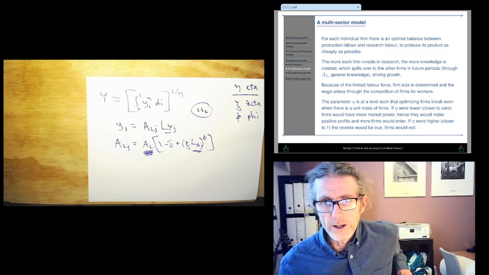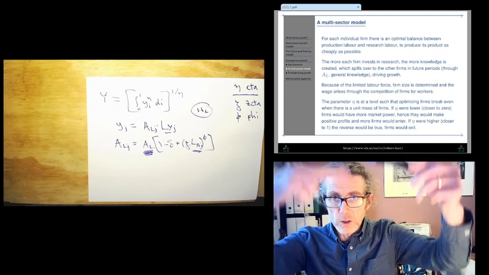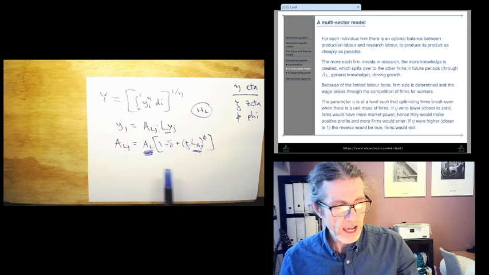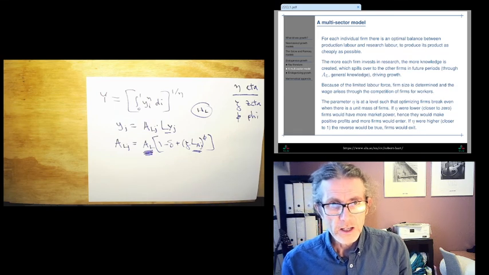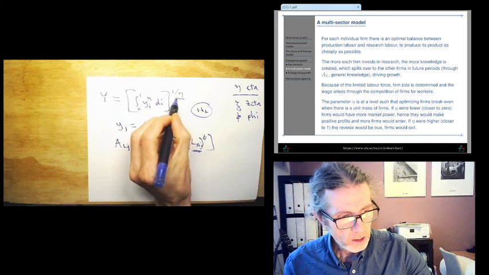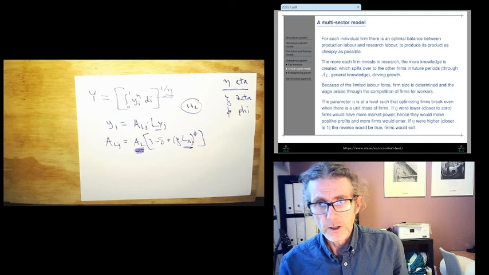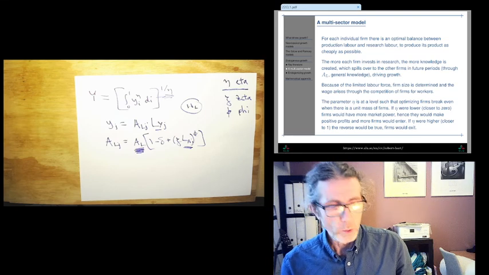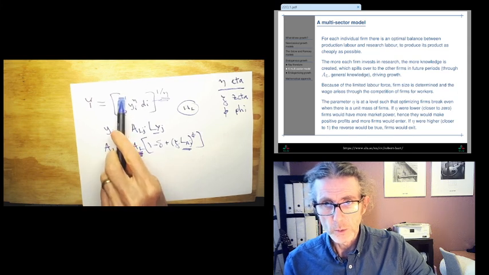The second paragraph: the more each firm invests in research, the more knowledge is created, which spills over to other firms in future periods through that AL term, the general knowledge. The parameter eta is at a level such that optimizing firms break even when there's a unit mass of firms. That's this, 0 to 1.